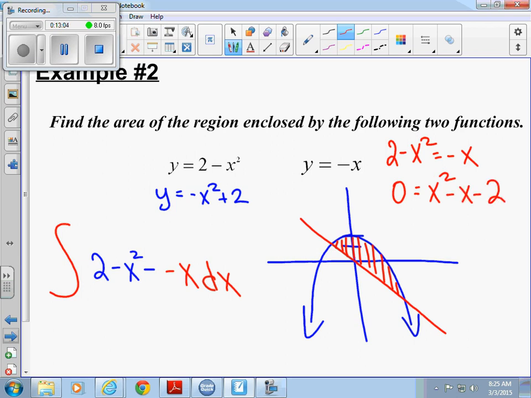Luckily, that's factorable, which makes my life easier. Again, how you can tell that this is a non-calculator problem compared to one that may be a calculator problem. Negative 1 to 2. Where would you see that?